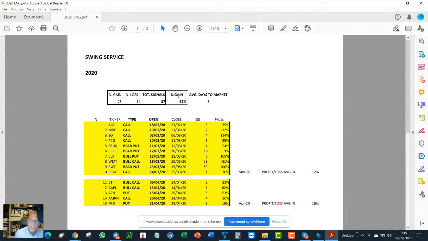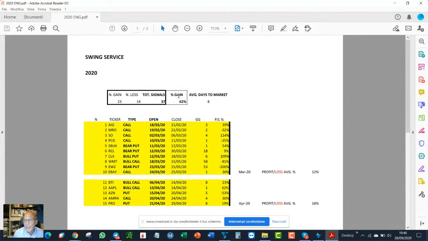So we risk 250 to make 145. Usually, we also have profits that are over 100%. Okay, and we'll go through the details now, month by month.